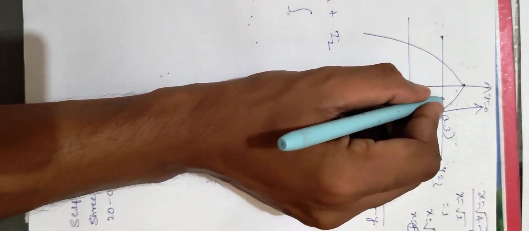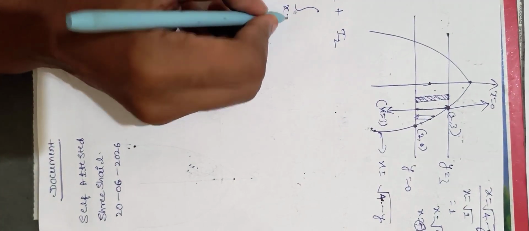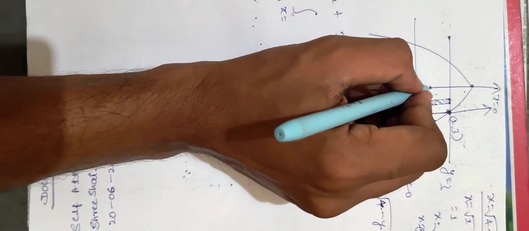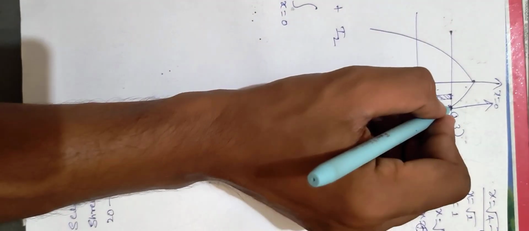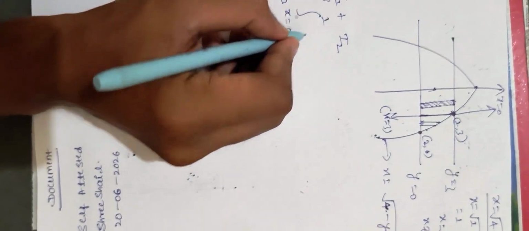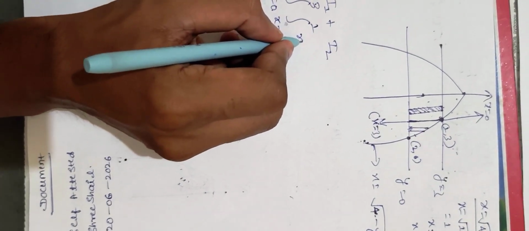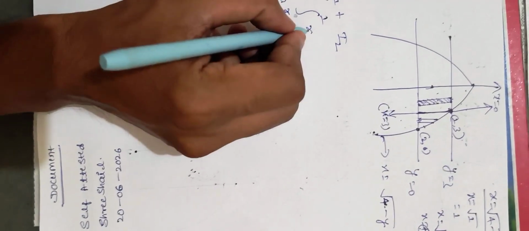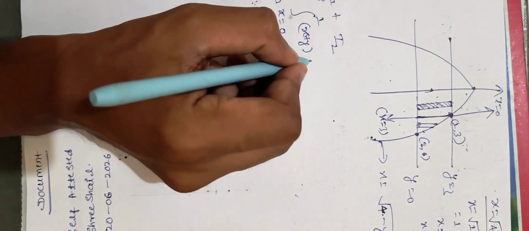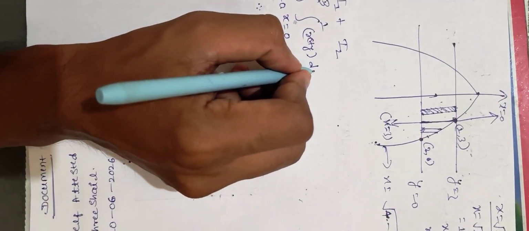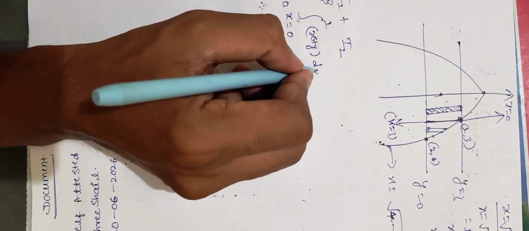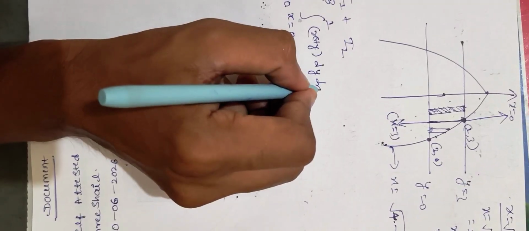So y is running from 0 to 3, and x is running from, if we move this strip to the left-hand point, x equals 0. At this point the x value is 1. We have to integrate x plus y, first with respect to y, then with respect to x.